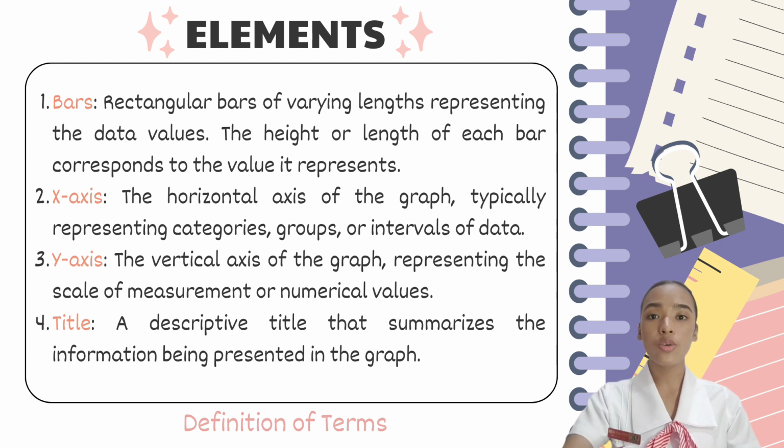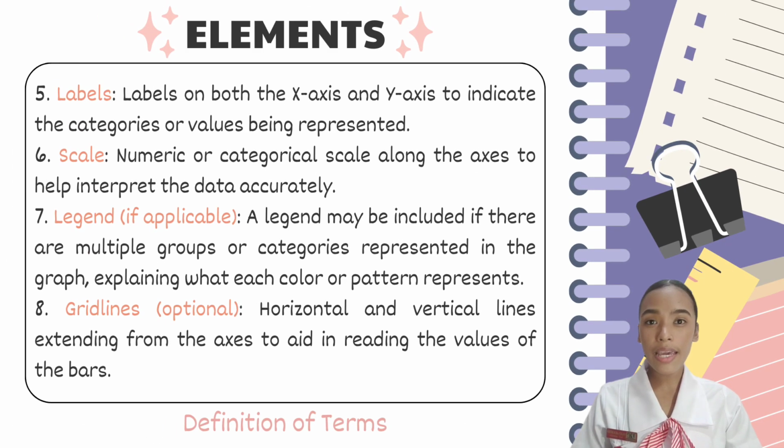Number 4 is your title. This is a descriptive title that summarizes the information being presented in the graph. Fifth are your labels. Labels on both the x and y axis indicate the categories or values being presented. Number 6 is your scale. These can be numeric or categorical scales along the axis to help interpret the data accurately.